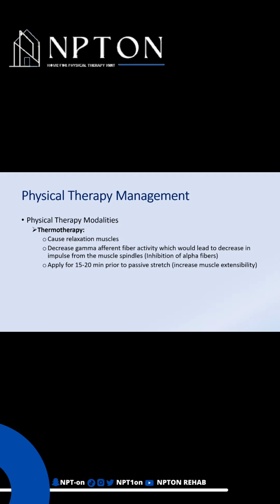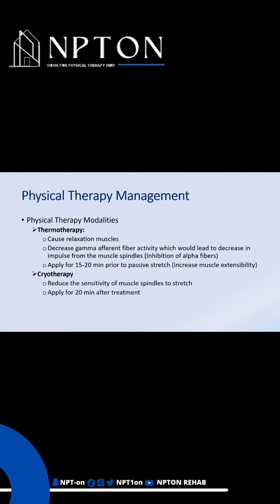Physical therapy modalities such as thermotherapy or cryotherapy also can be used to decrease spasticity. Thermotherapy can cause muscle relaxation and also decrease the gamma afferent fiber activity, which would lead to a decrease in impulses from the muscle spindle.